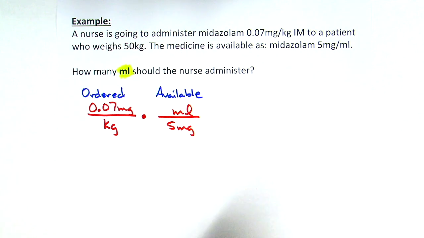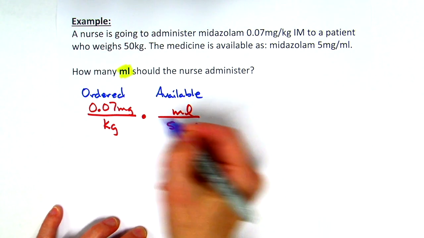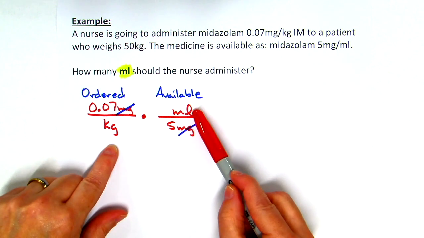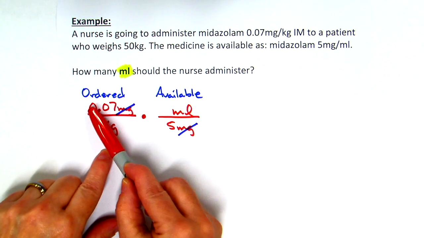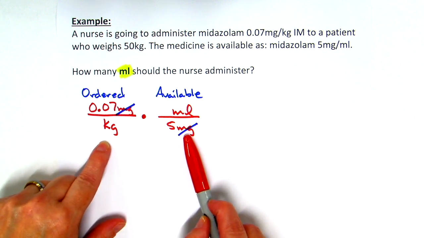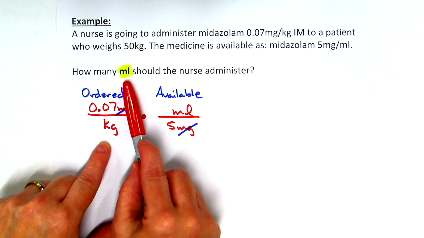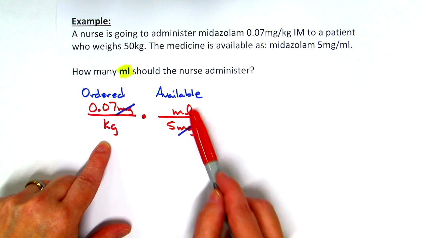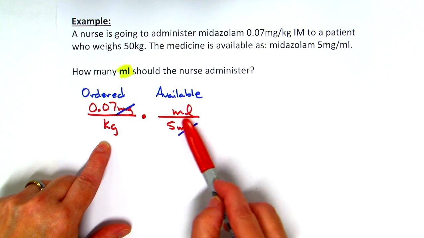That's going to let me cross out my labels of milligram and milligram. Now, this is how you know you're not done yet. I have milliliters left as a label in the top and kilograms left as a label in the bottom. But they didn't ask me for milliliters per kilogram. They want to know how many milliliters. That's the only label I'm allowed to have left.